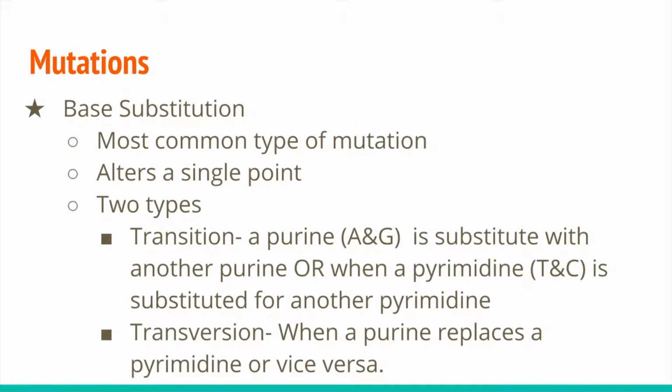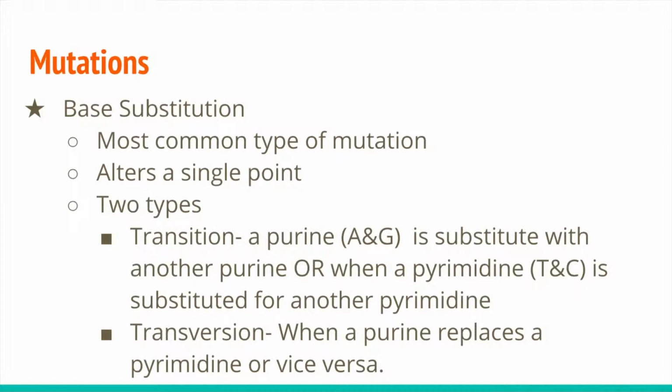So, base substitution is the most common type of mutation. It alters a single point in the DNA. So what's happening here is we have one base coming in and taking the place of another. So for example, we have two types. Transition, which is when a purine, adenine or guanine, is substituted with another purine.